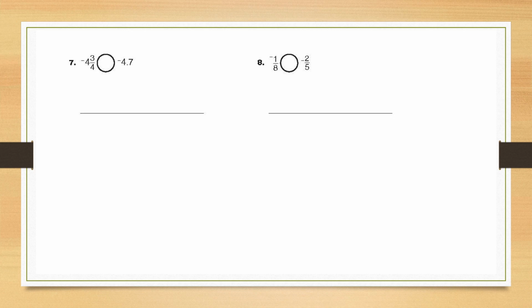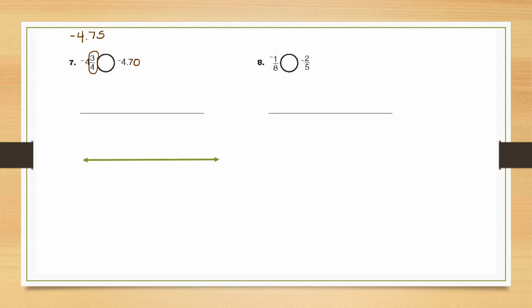Problem number 7. -4 3/4 compares to -4 7/10. Now, I'm hoping that you know that 3/4 is 75 hundredths, and this would be 4.75. And I can add a 0 here, so that makes it easy to compare.